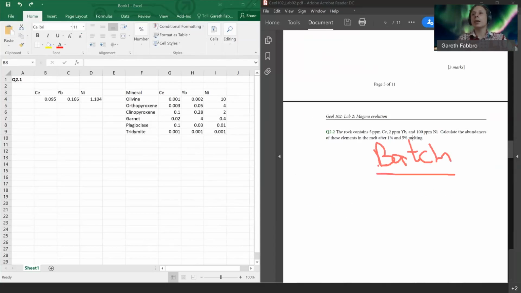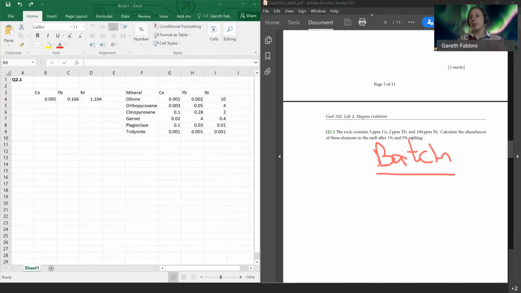If you use Rayleigh fractionation here, and you said that's what you were using, then I would have to give you the marks because it would be a correct answer to the question. So this is where it's important to be clear in your working.